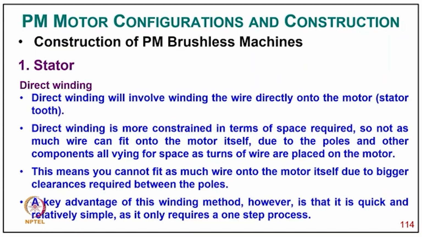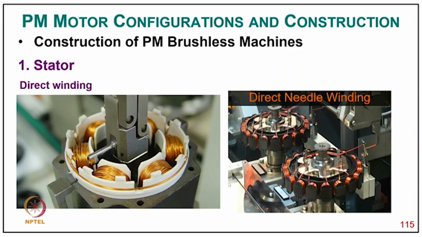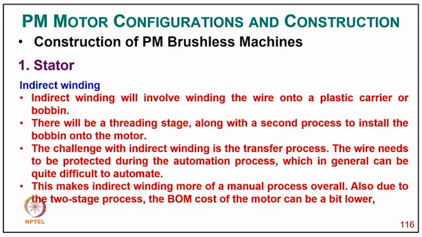This means you cannot fit as much wire onto the motor due to higher clearances required between the poles. The key advantage, however, is that it is quite quick and relatively simple, requiring only a one-step process. You can see the direct winding of a concentrated winding and how it is placed.